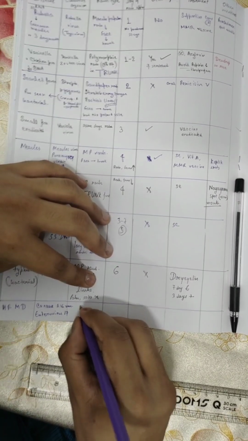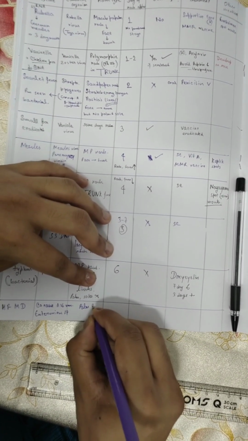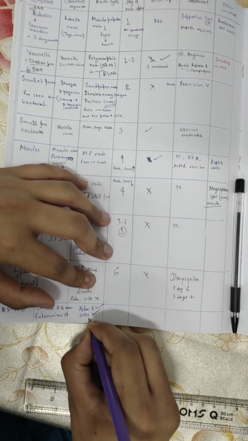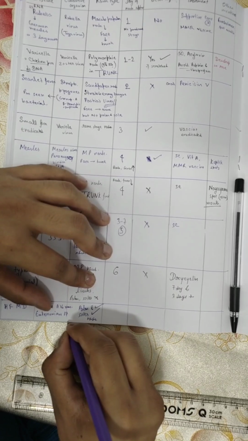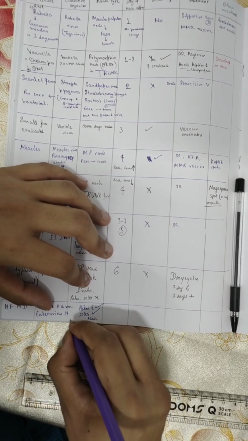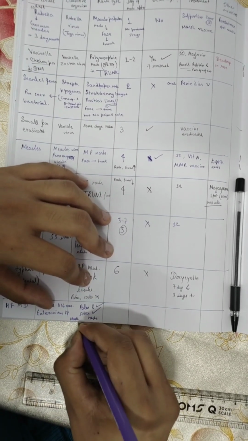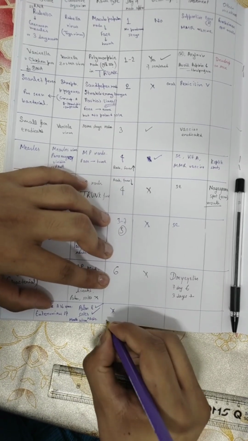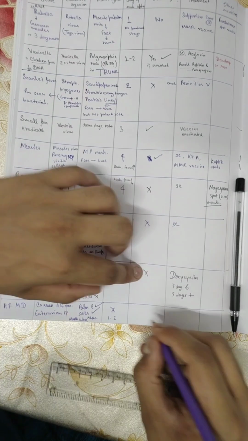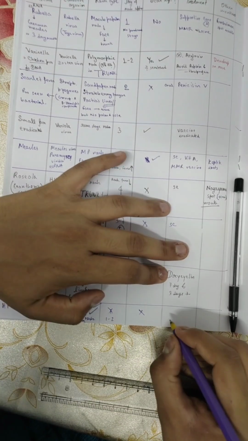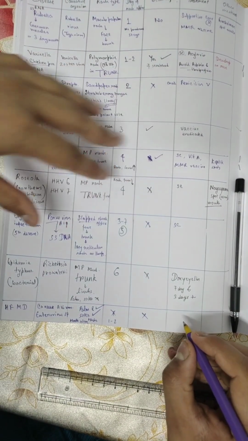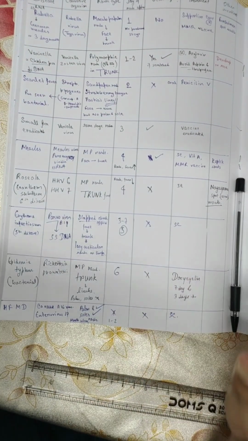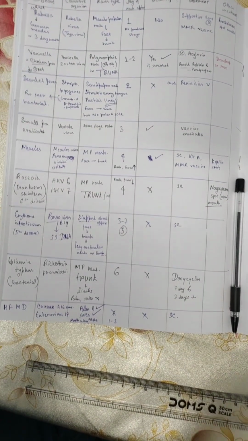Here, only in this case, palm and soles have rash, along with mouth ulcers. It is 1 to 2 days. Okay, nothing else, we do supportive treatment. So that's it. It is an entirely important one.